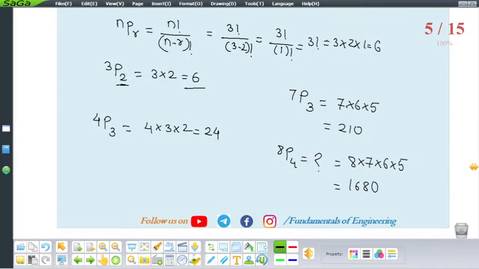You can use the virtual calculator or you can do 210 into 8. Based on that you will get 1680. So there you can use this trick to find out the answer.